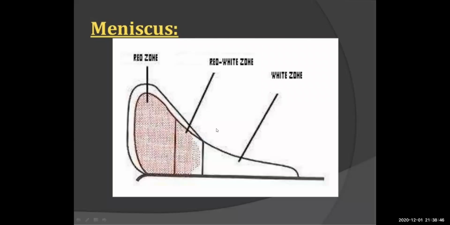Then you need to ask whether the tear is in the peripheral zone or the central zone. If it is in the peripheral red zone, there is a higher potential for healing, so you can offer some sort of repair. But if it is in the central zone, which we call the white zone because it is void of blood supply, usually we offer partial meniscectomy. Okay?